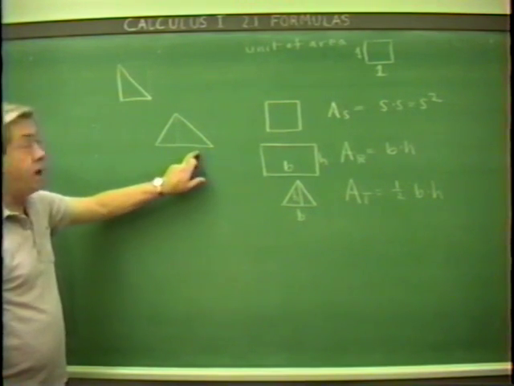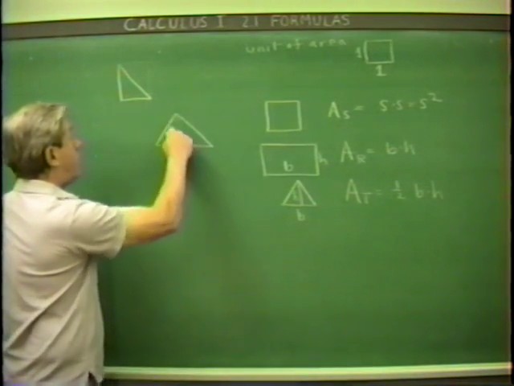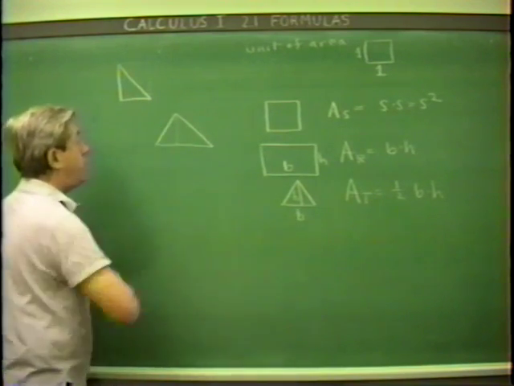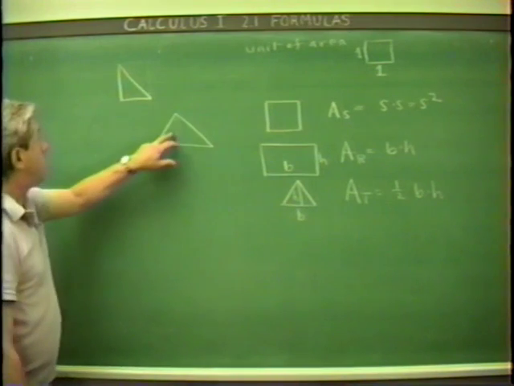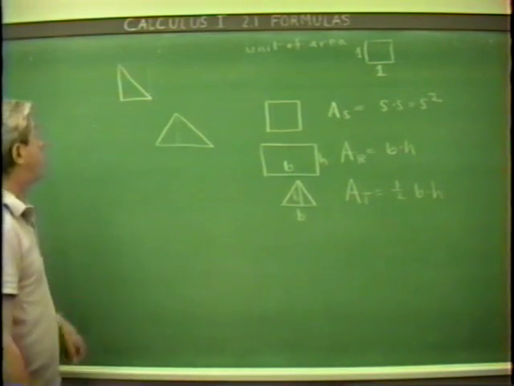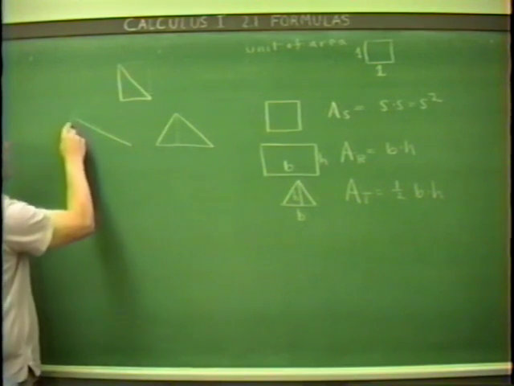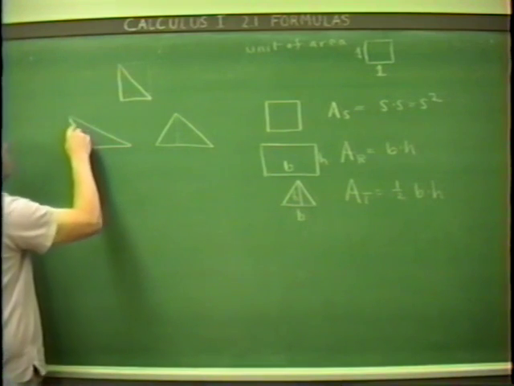The area of this one is 1/2 its base times its height, and so consequently the area of the entire triangle is 1/2 of the sum of the two bases times the height. That's to say, the quantity of the base times the height times 1/2.